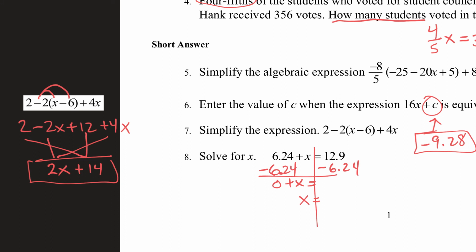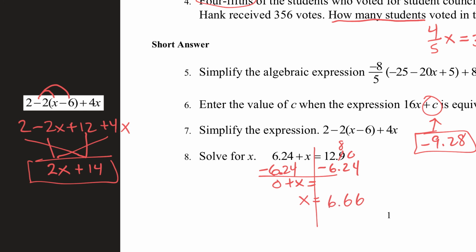Now when I do that, I need to add a 0 here, and then I just start subtracting. 10 minus 4 is 6. This is now an 8. Minus 2 is 6. And 12 minus 6 is 6. So it should be 6.66.